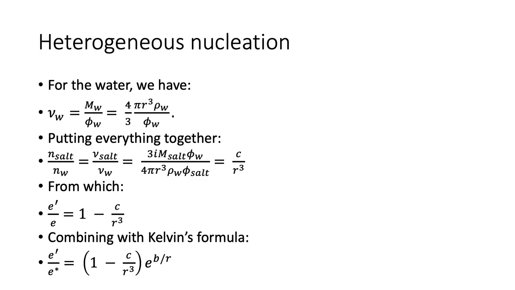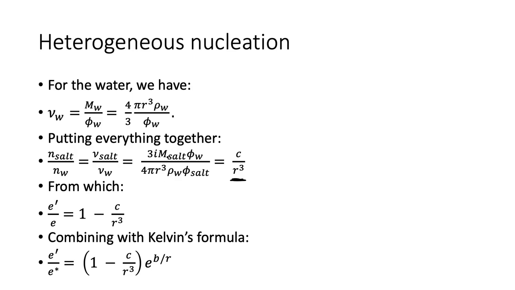This we can compute again: 4 over 3 pi r cubed times rho W over phi W. Put everything together, and because N W is at the denominator, you have an r cubed at the denominator, and at the numerator it's just a bunch of stuff that has the dimensions of a volume. And obviously C depends on what salt you're using, of course.